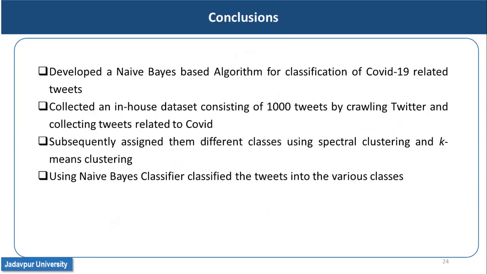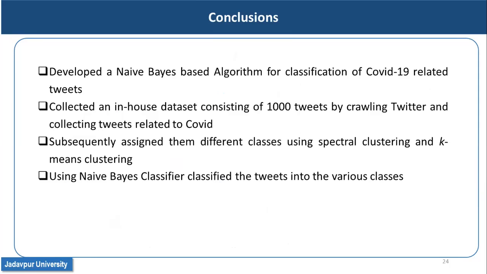So, the conclusion. A naive algorithm has been developed for classification of COVID-19 tweets, and we collected an in-house dataset consisting of 1,000 tweets.